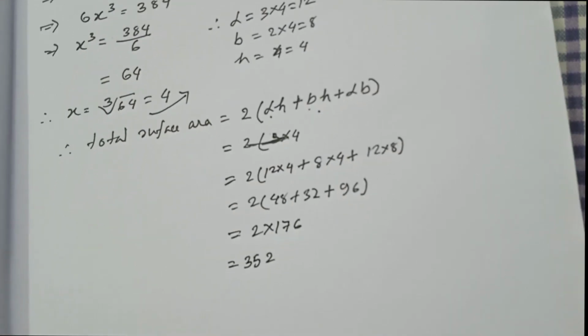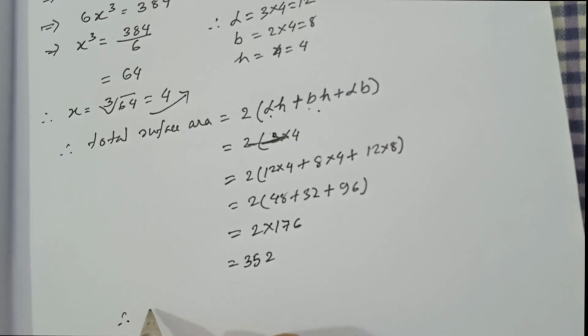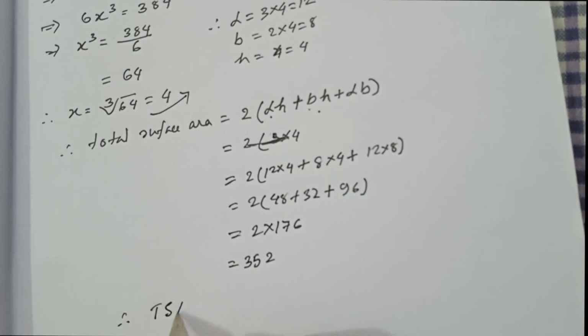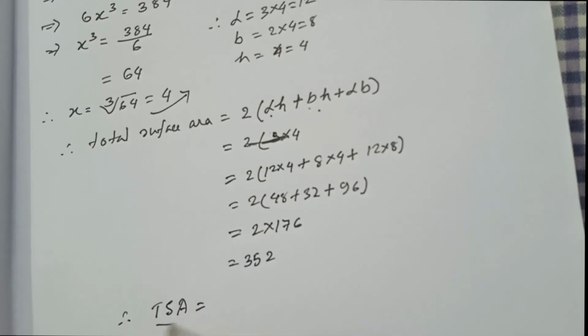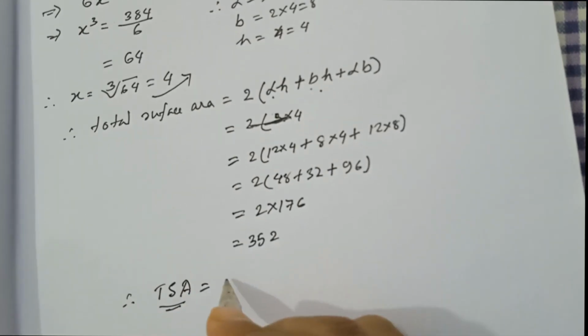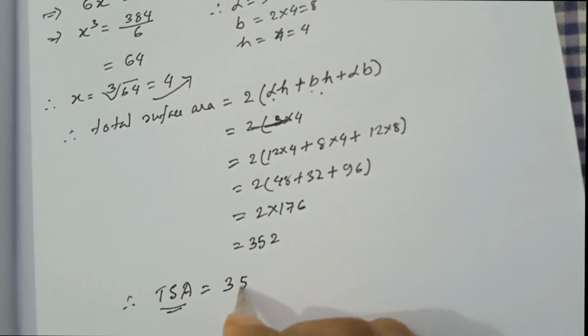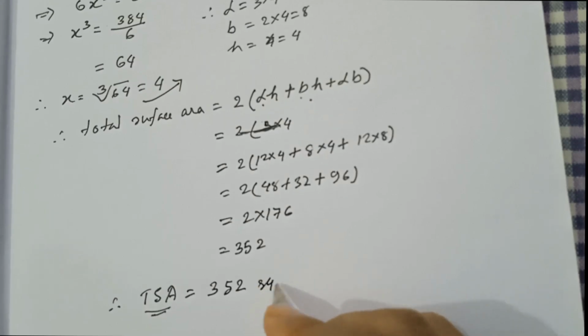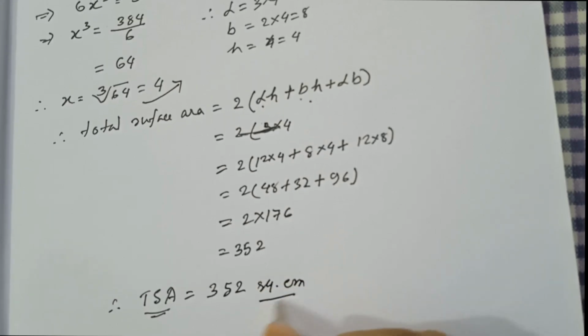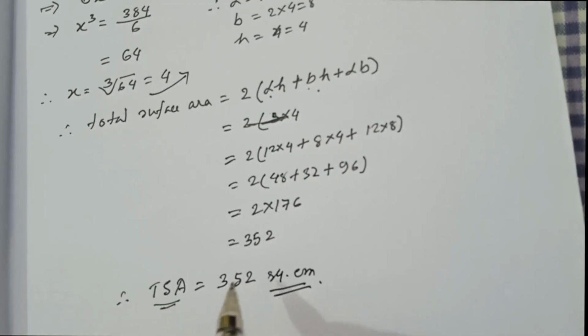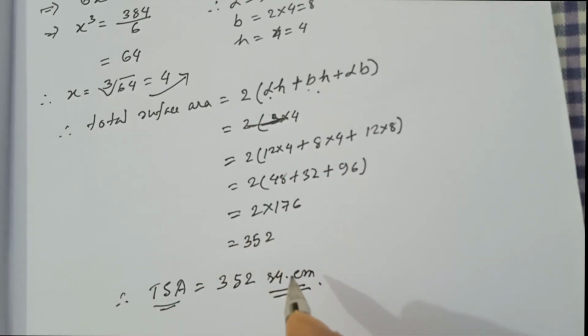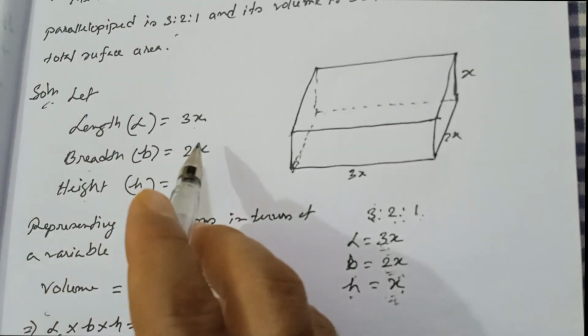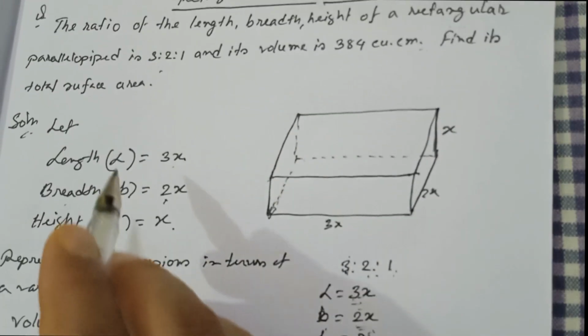Hence the total surface area is equal to 352 square cm. Don't forget this unit. Surface area will be in square centimeter because the units are in cm.